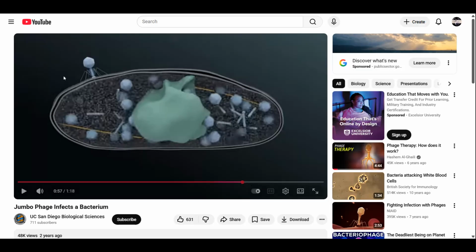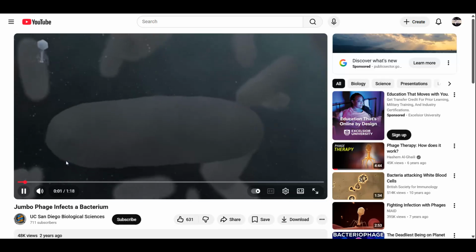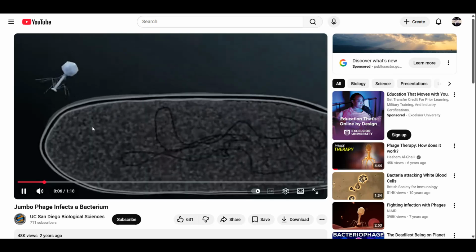When I tell you that the reason men want to attach to you is that they want to duplicate the 24/7 invasion process that happens when they are in their virus form, this is what I'm talking about. Because this thing has already injected its genes into this bacterium. Look at it.